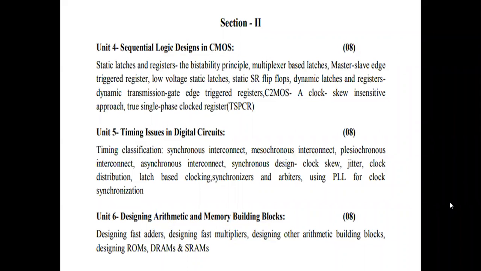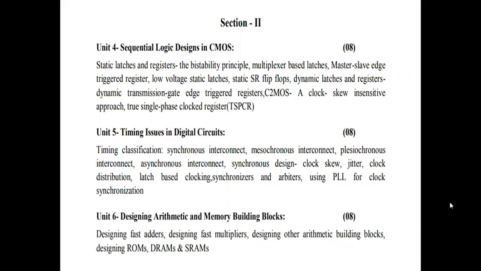Then latch based clocking system, synchronizers and arbiters, using PLL for clock synchronization. So all these different aspects of timing issues we are going to discuss under unit number 5.